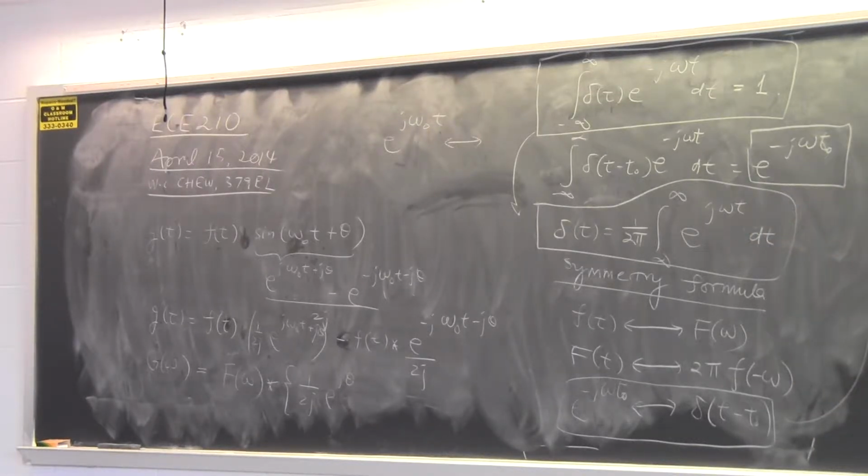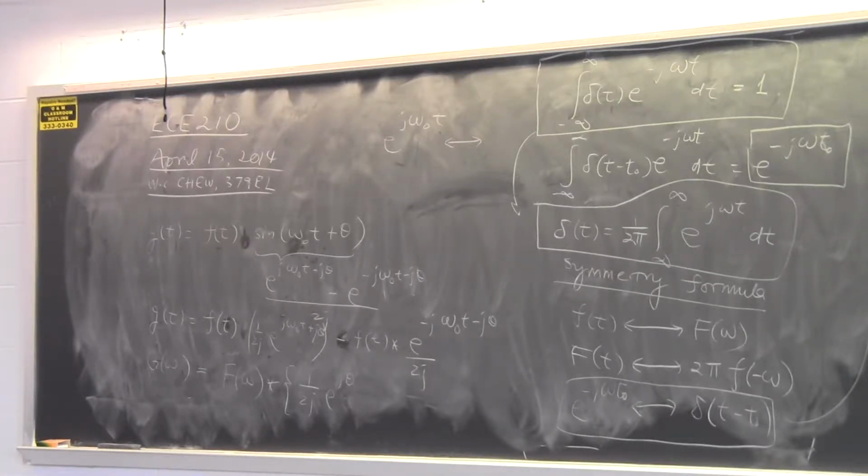Then, if I were to phase delay this one, say e to the j omega naught t, this will Fourier transform to 2 pi delta of omega minus omega naught.